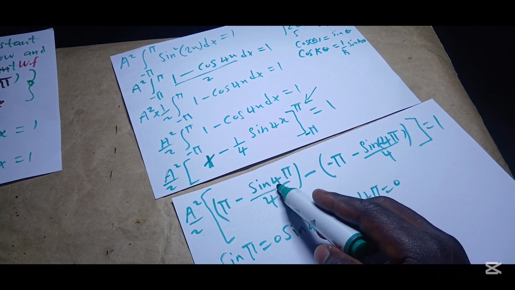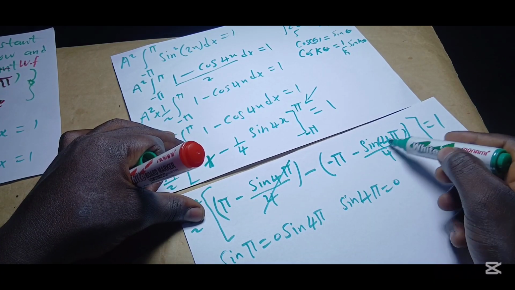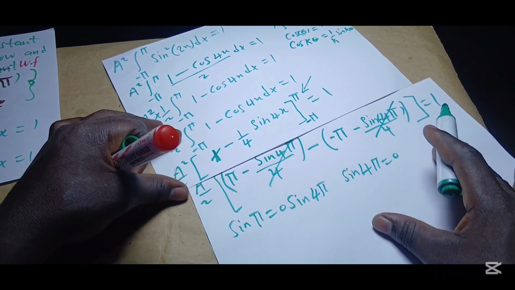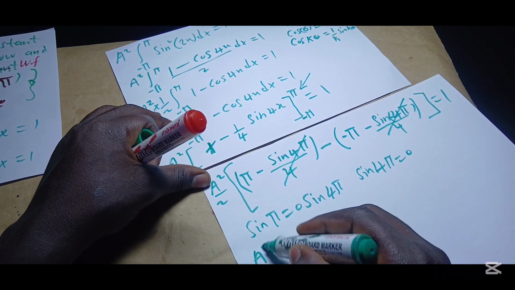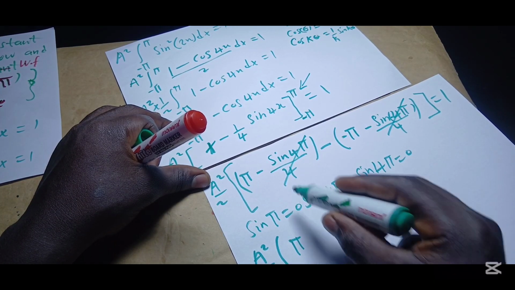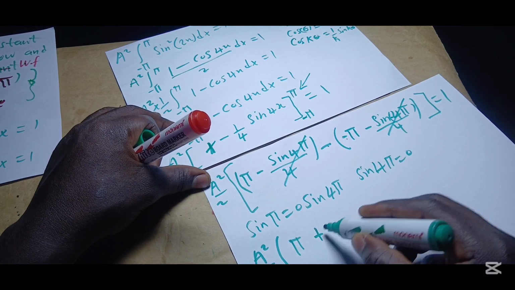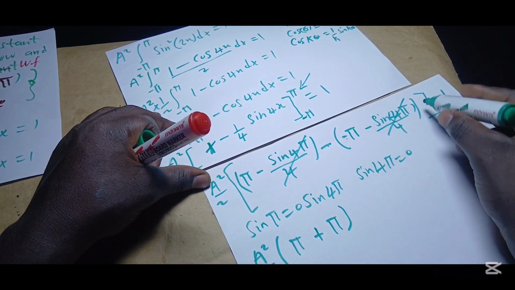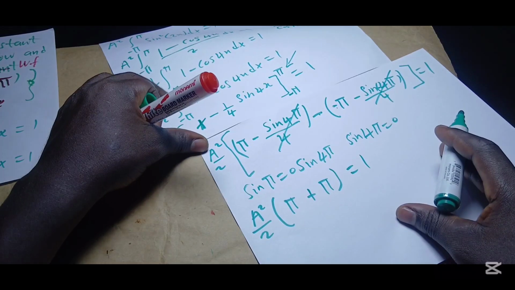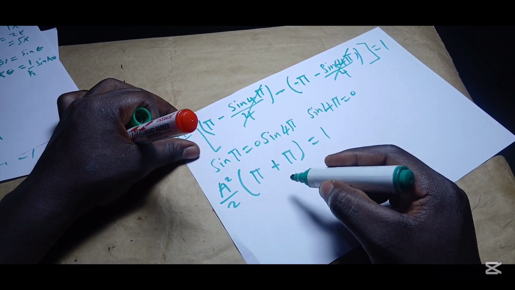We have sine 4 pi here giving us 0, so this term becomes 0, and we have sine 4 pi here, so this term becomes 0. So we are going to have A squared over 2 into bracket. This remains here, pi. And what else do we have here? Negative pi giving us positive pi. So positive pi into bracket equal 1. In this case, pi plus pi gives us 2 pi.